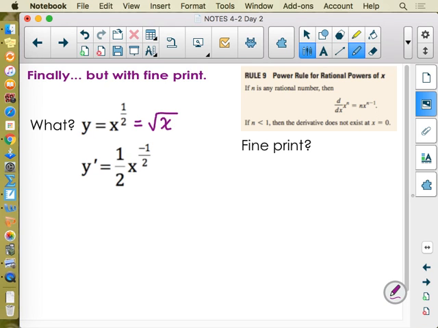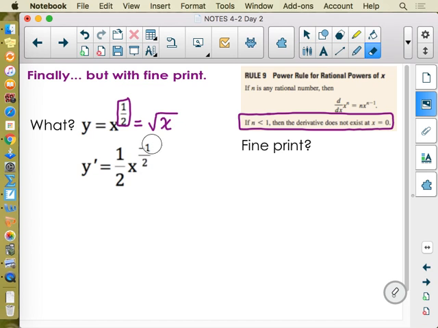because when we use it and we say that there's a derivative of this square root function, there is one place where that derivative won't exist. If the power that we're using is less than 1, meaning the power that we start from is 1/2, 1/3, something that is smaller than 1, when we actually do the derivative, the derivative takes the power down by a whole number and it takes it into negative territory.